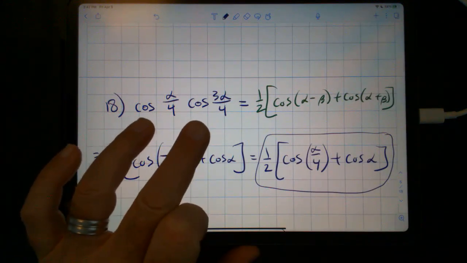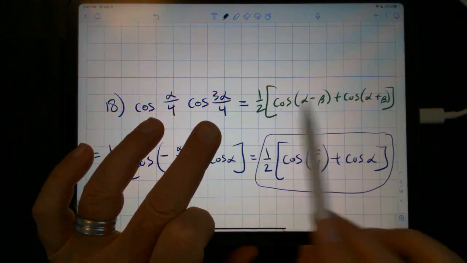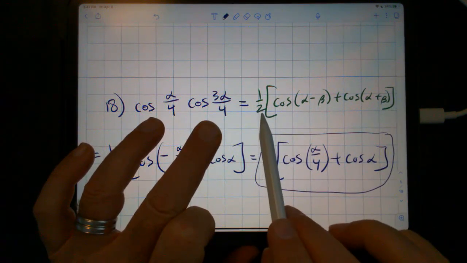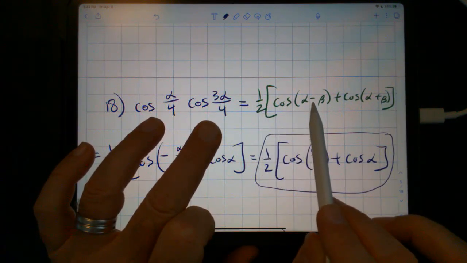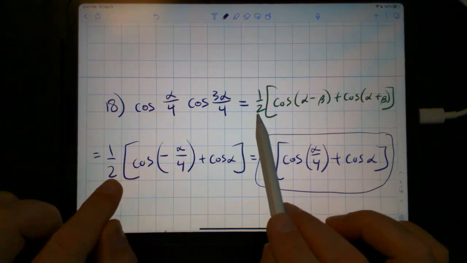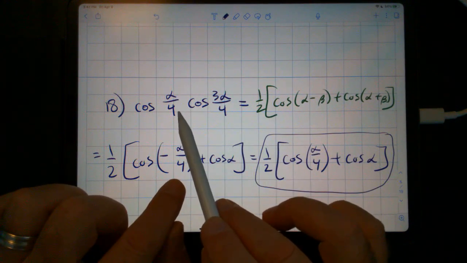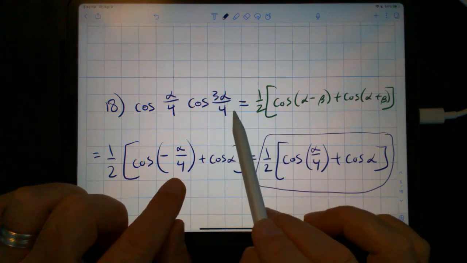18, we have cosine of one angle times cosine of another angle. It has this basic structure. You have 1/2 times cosine of the difference of the angles plus cosine of the sum of those angles. We have the 1/2 out in front. Alpha over 4 minus 3 alpha over 4.